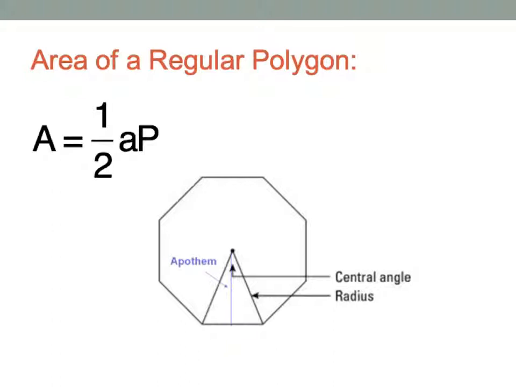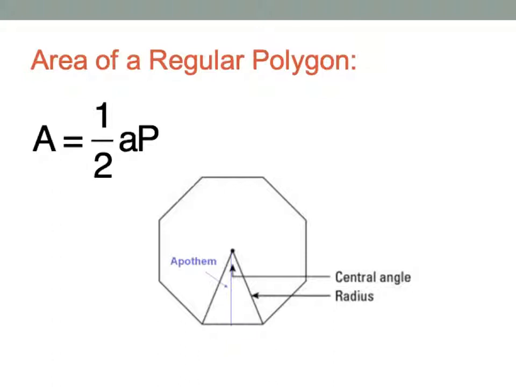This, ladies and gentlemen, is the area of a regular polygon that we will be discovering in class based on our second slide. The area equals 1/2 of our apothem times our perimeter. Capital A represents area, lowercase a represents the length of our apothem, and capital P is the perimeter of our polygon.